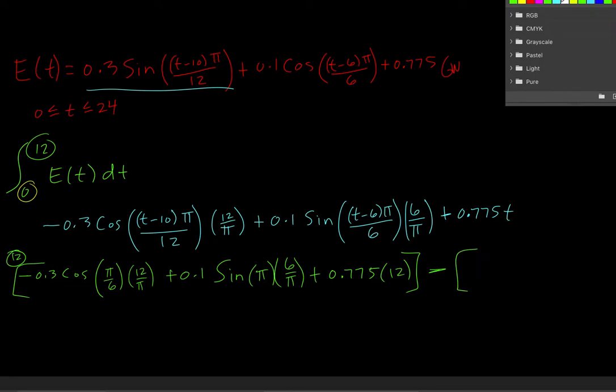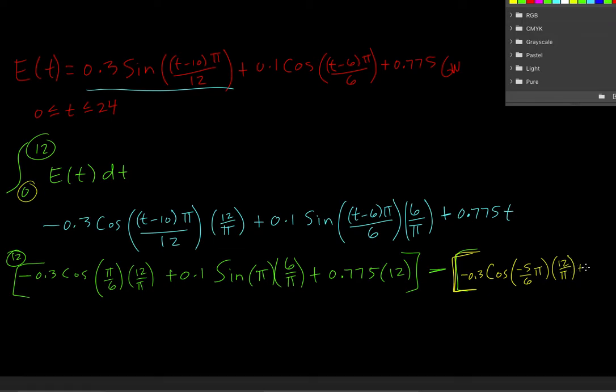And so if I plug in 0, I'm going to get negative 0.3 cosine, and then 0 minus that, so it's just negative 10 over 12, so it's negative 5/6 pi, and then that's times 12 over pi on the outside.